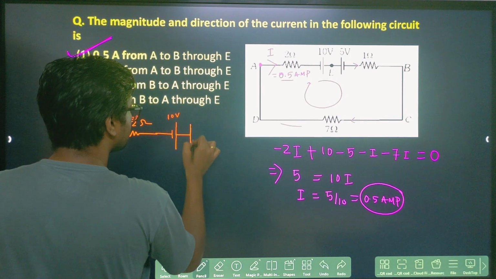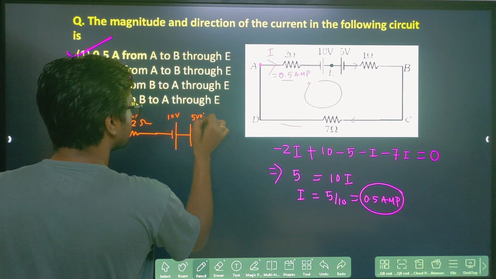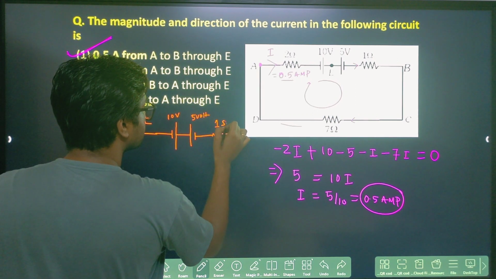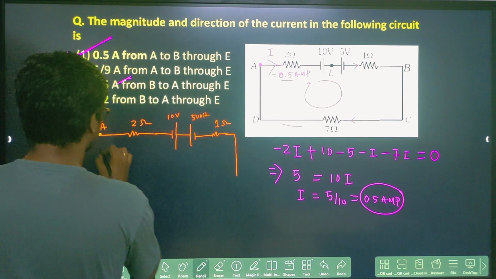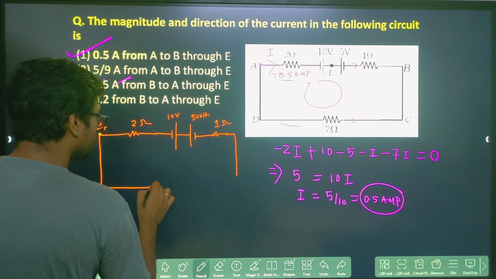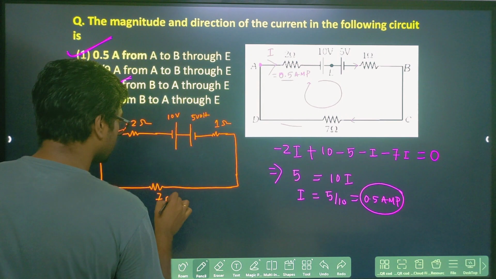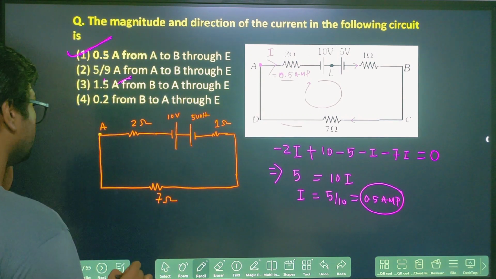Here it is 5 volt, a 1 ohm resistor, and here it is a 7 ohm resistor. Clear? Okay.